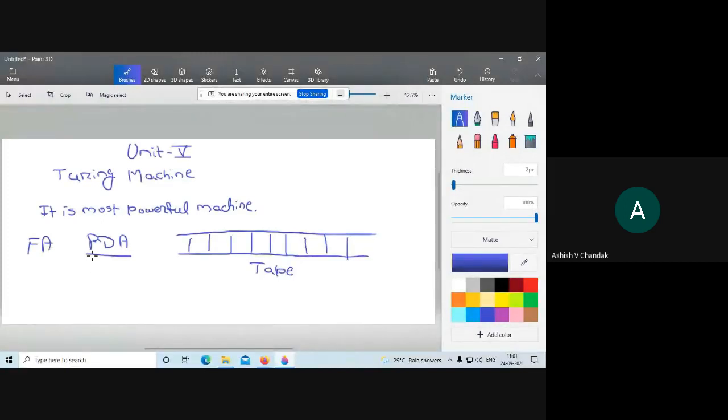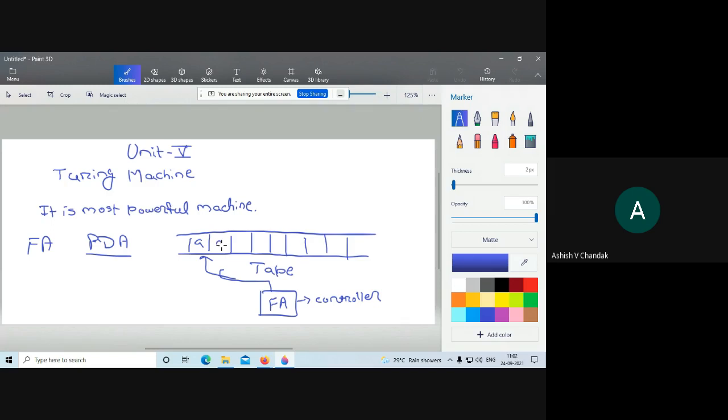Finite automata, pushdown automata, and Turing machine, all the machines contain a tape. Let us say there is a finite automata. Every machine contains a tape and a head. This is called the controller, and this is the tape.